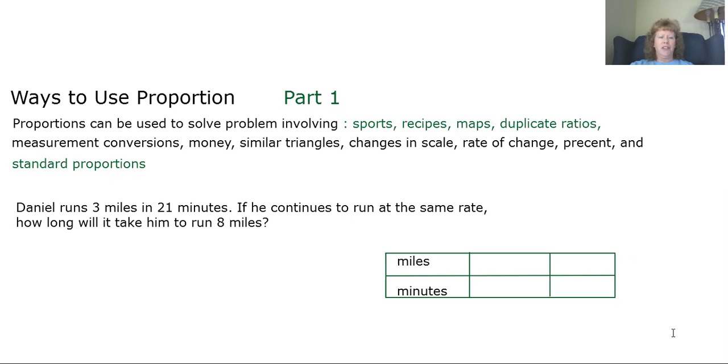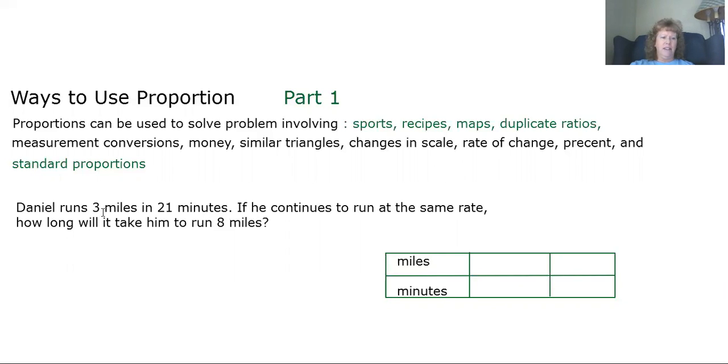So in the first question, we have an application for a sports situation. Daniel runs 3 miles in 21 minutes. If he continues to run at the same rate, how long will it take him to run 8 miles? I've made a little chart with the miles and the minutes.